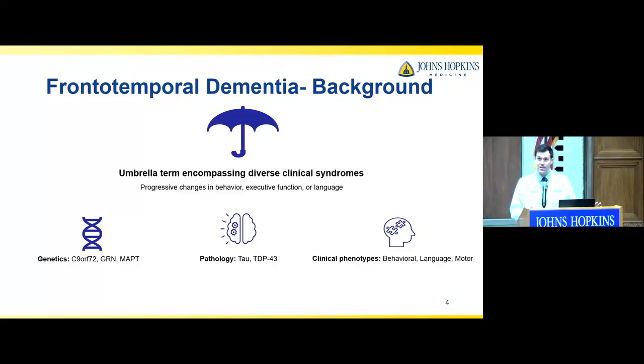And the diversity is in part explained by complex and varied genetics. So I've listed here 3 of the most common autosomal dominant mutations that can lead to FTD, although the majority of cases are sporadic. So there's this significant genetic diversity that leads to quite diverse underlying clinical neuropathology.